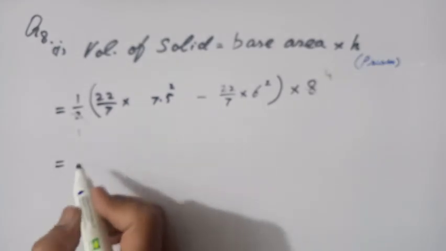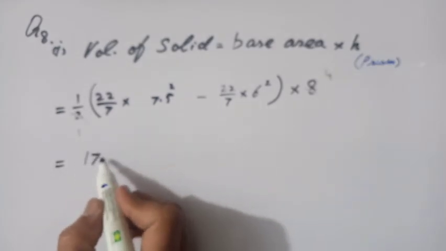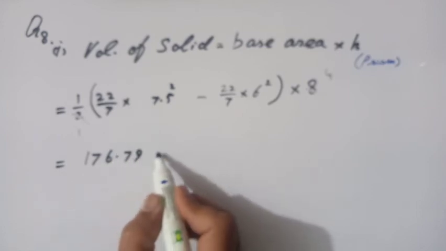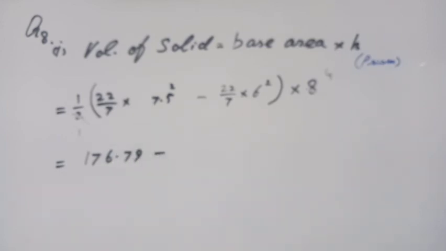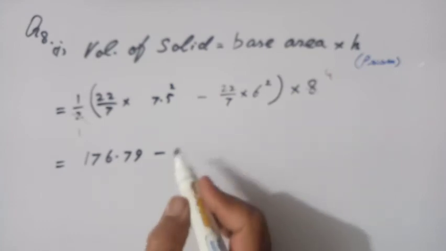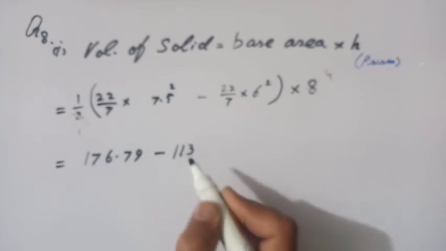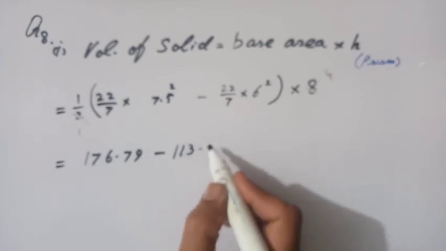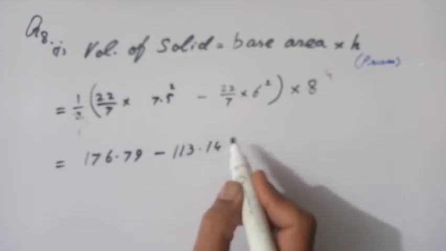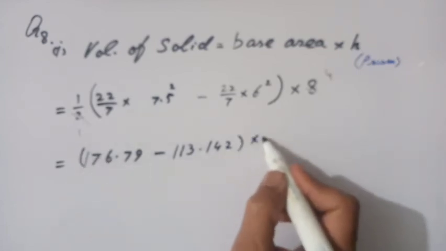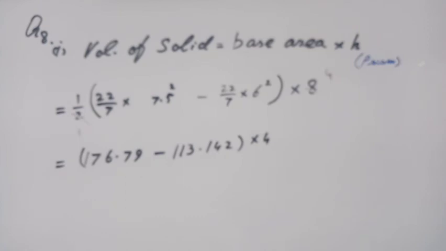It is 176.79 minus 113.142 and multiplied by 4.